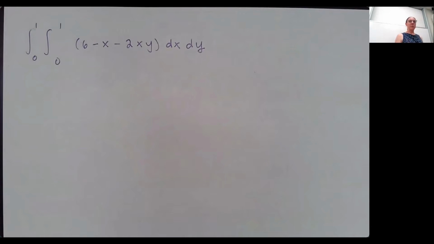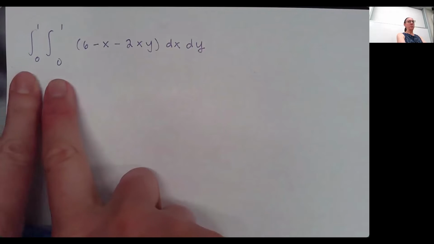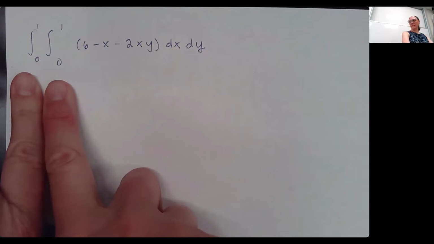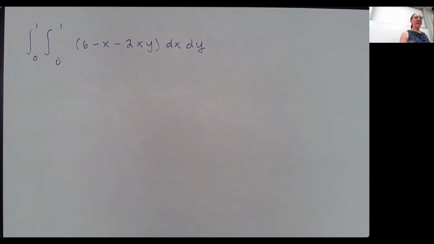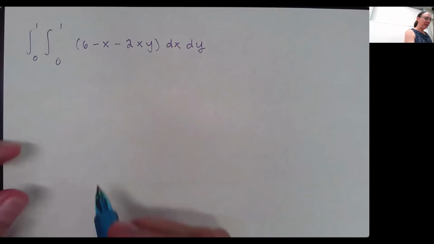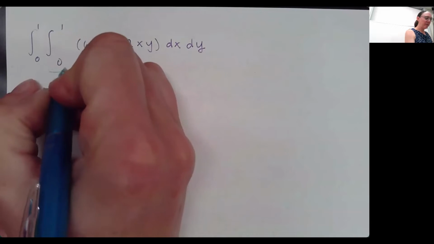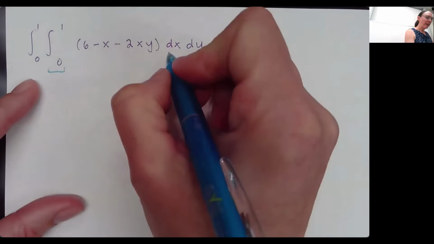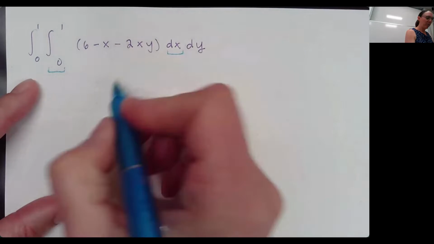It's a double integral, so I've got two integration symbols. But what's important is that they're nested. And what that means is that these limits of integration go with the inside variable.